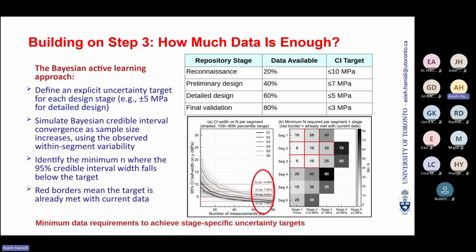On the right side, it also shows that with the available data within segments 1 to 3, about 300 meters, with whatever we already have, we get that precision. However, for other zones, we need more data. That's why we need to do hierarchical pooling and get more information from the data that we already have.